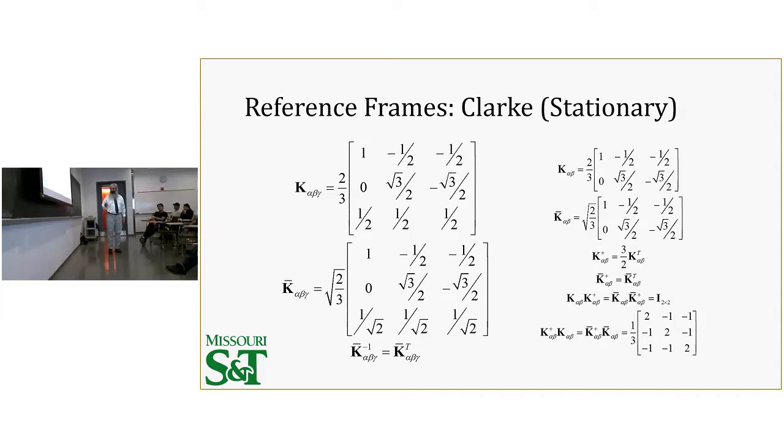I believe that she used the non-power invariant, and then somebody figured out that if we use the power invariant, it becomes a unitary transformation where the inverse is the transpose. I don't think she ever wrote anything with a matrix notation. I believe you're right.